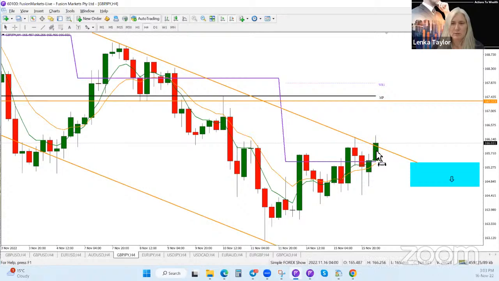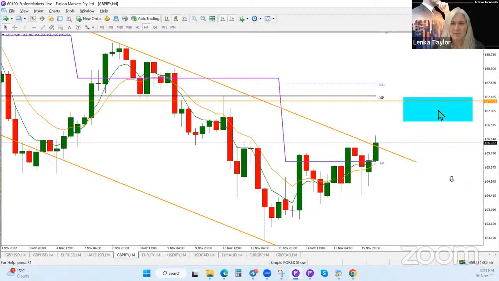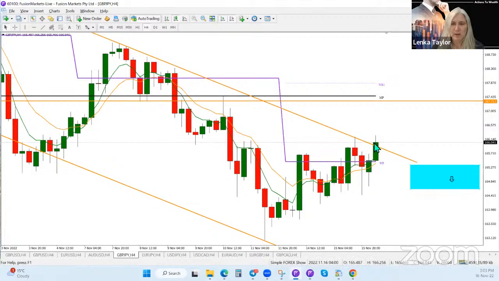So if it does, looking to go short here. Otherwise, if it continues, it might go to the top here where the monthly pivot is, and then it might go short from there. But at the moment, we don't have a closed bar. This bar is still open, so I'm still looking for this to go short underneath and within that previous channel.